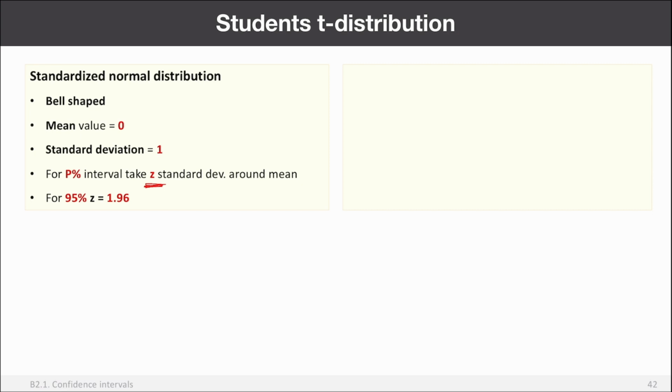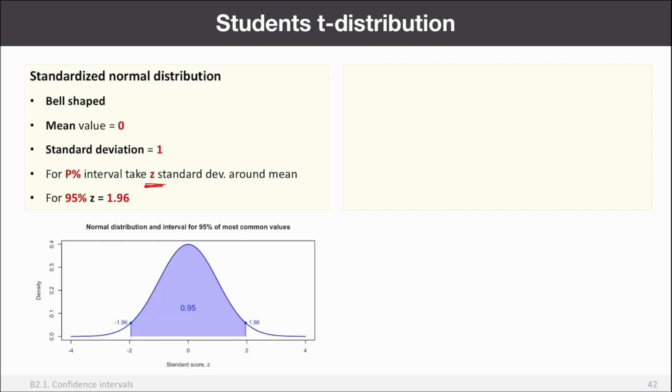The Z score, how many standard deviations we should go from the mean, depends only on this percentage or probability value, right? If we have a normal distribution and want a 95% interval, we need to take 1.96 standard deviations on both sides of the mean, or if it's a standardized distribution, we simply go from 0 to plus 1.96 and to minus 1.96. So that's what we know about normal distribution.